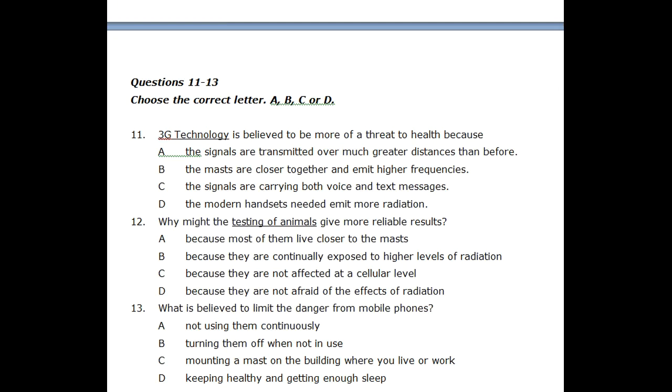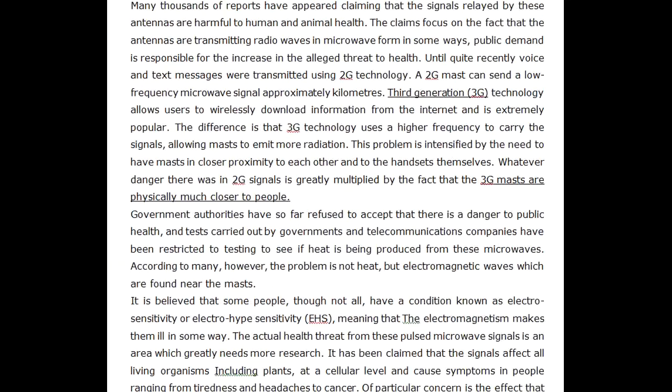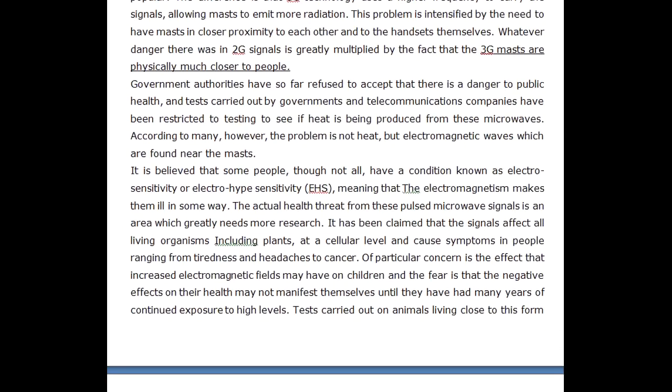So I have to find out testing of animals and why they are giving more reliable results. So we are here, right? Animal testing on animals. No animals. They're not talking about animals.